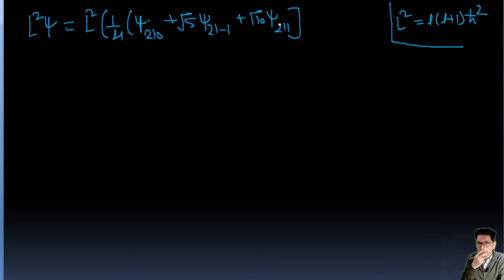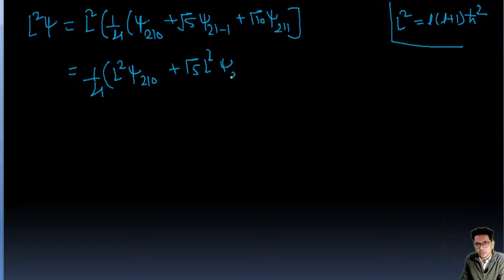Okay, this is the one. So we'll operate this with L square, so it is going to be 1/4 L square psi 210 plus root 5 L square psi 21 minus 1 plus root 10 L square psi 211.